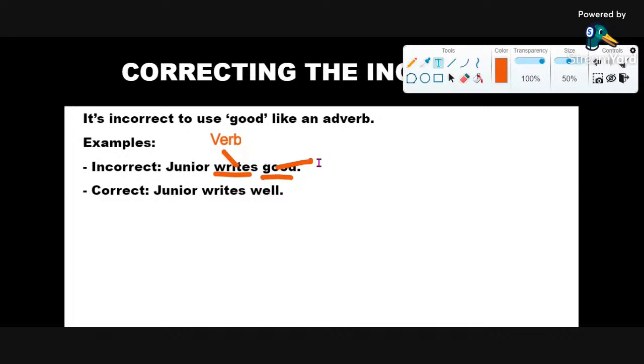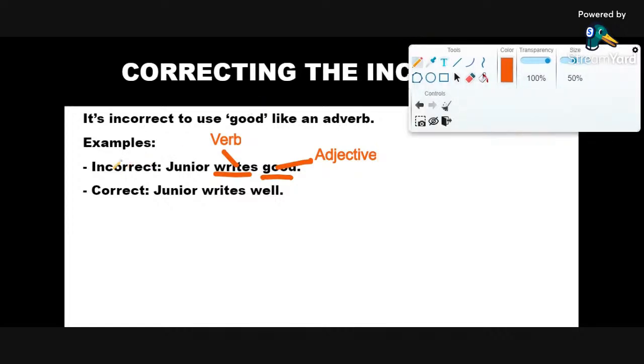And you look at the word good, it is an adjective. So when you are using an adjective to describe a verb, then it becomes incorrect. That is why it is incorrect, basically. Junior writes good. It's incorrect.